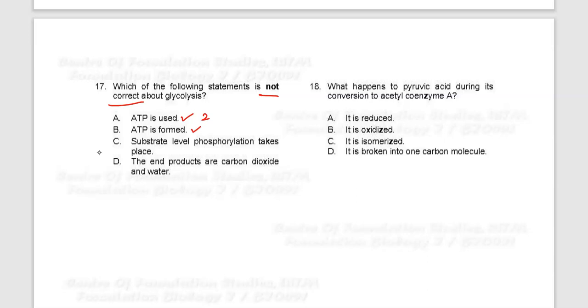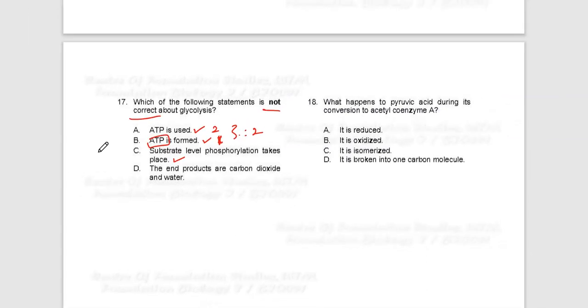ATP formed, yes, 4 are formed during the energy payoff phase, so the net production is 2. Substrate level phosphorylation takes place, yes, because the production of ATP during glycolysis is through substrate level phosphorylation. The end products are carbon dioxide and water, obviously not. Glycolysis does not produce any carbon dioxide.